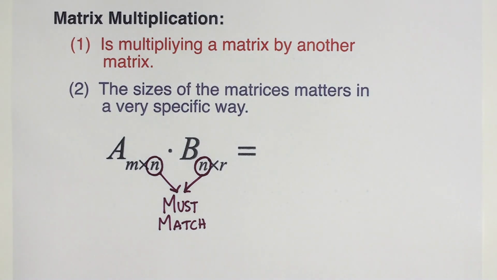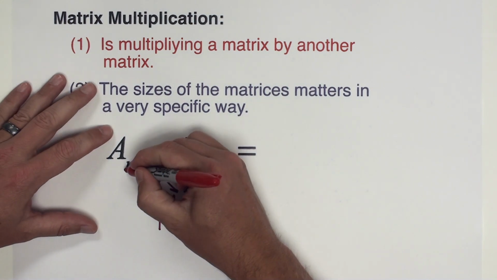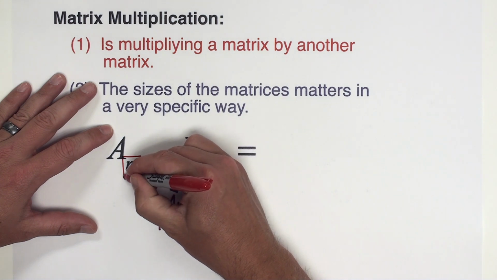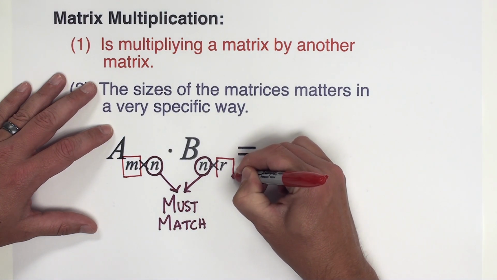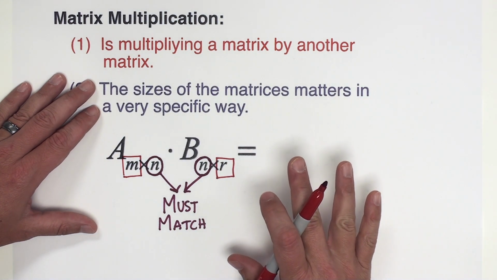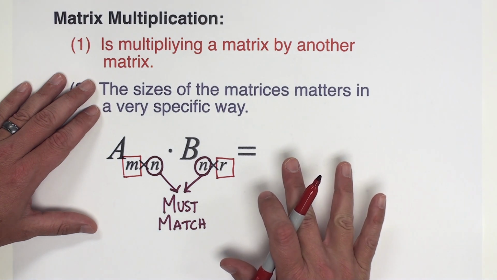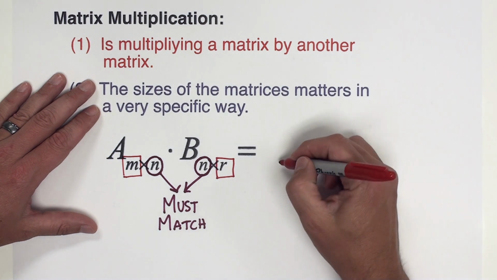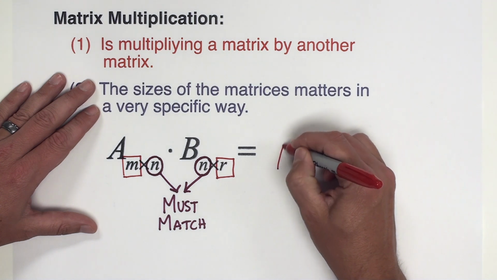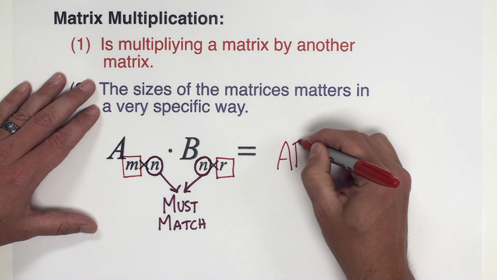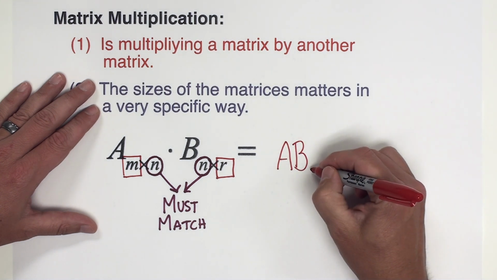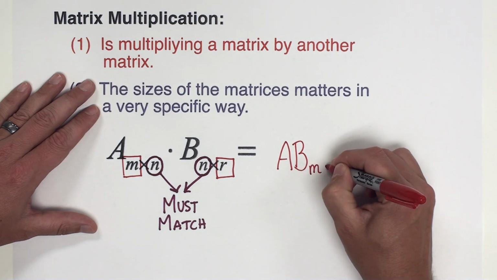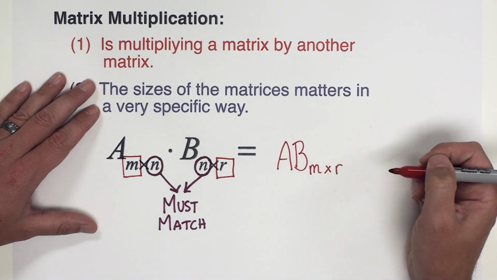And the leftover dimensions, in this case the m and the r, make up the dimensions of your product, of your solution. If you multiply those two matrices together, matrix AB is going to have dimensions m by r.